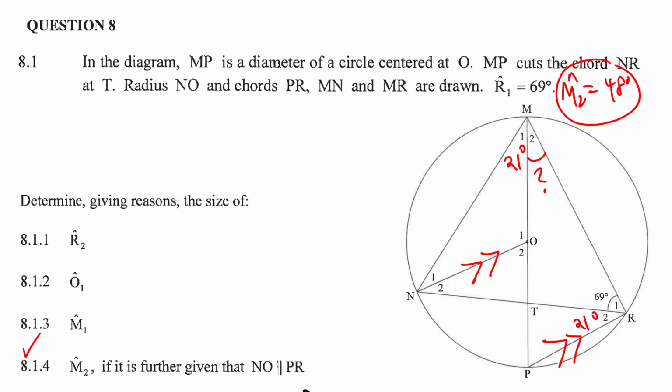You can get some alternate angles. Like if this is 21 degrees, then also this one is 21 degrees. Then O2 is going to be 42. And then P equals O2, they're alternate angles.